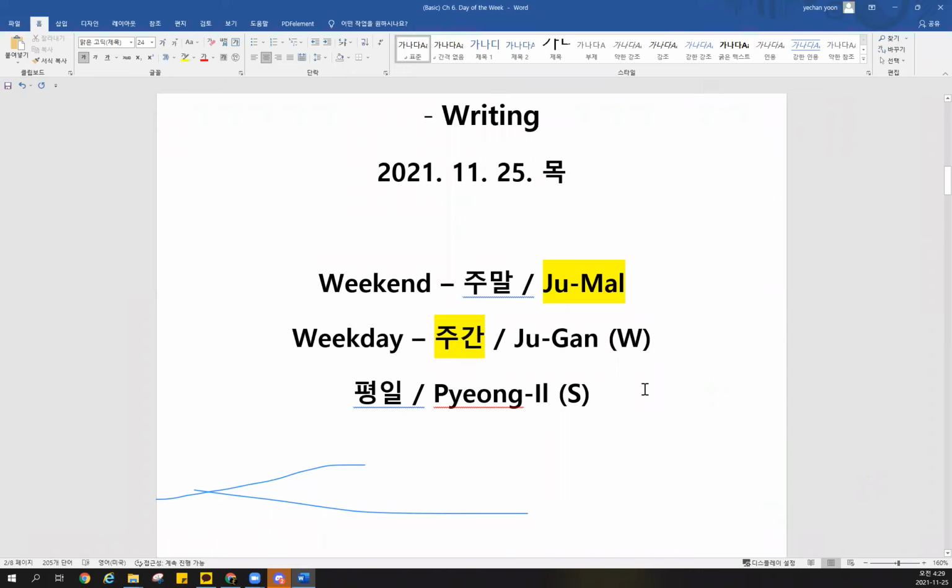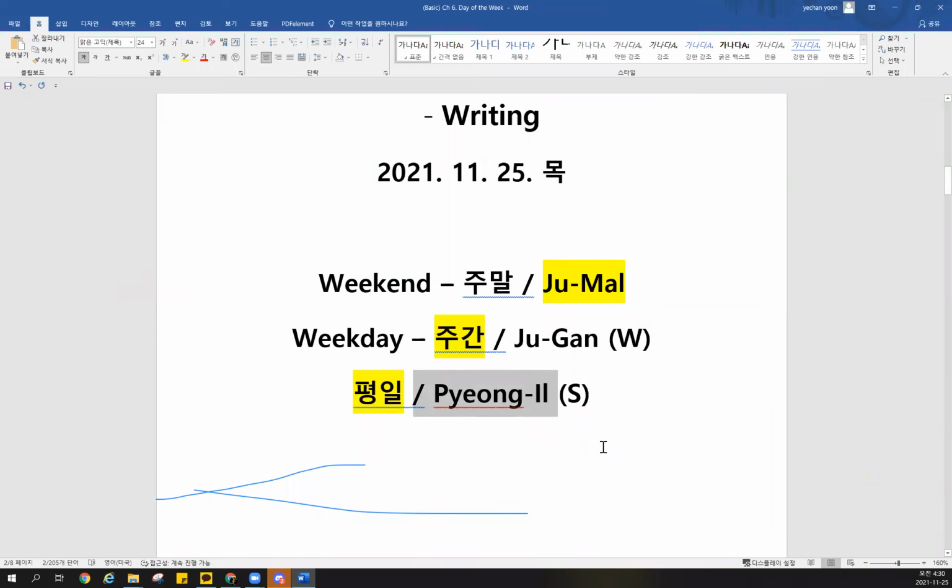Let's say you're writing a job description, trying to hire somebody, and you need to write a poster. Then we usually use 주간. We use both, but 주간 is closer to formal words for writing.